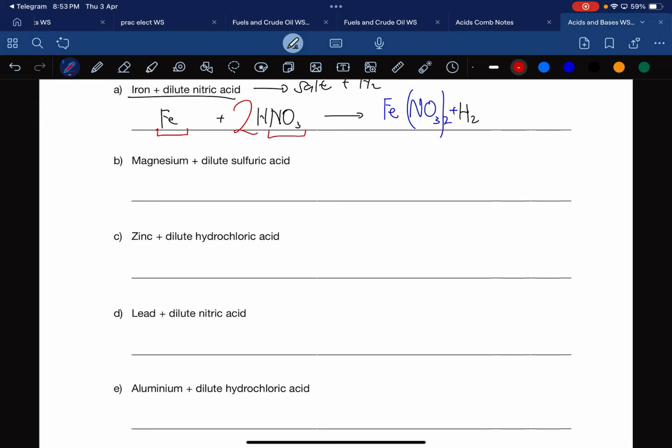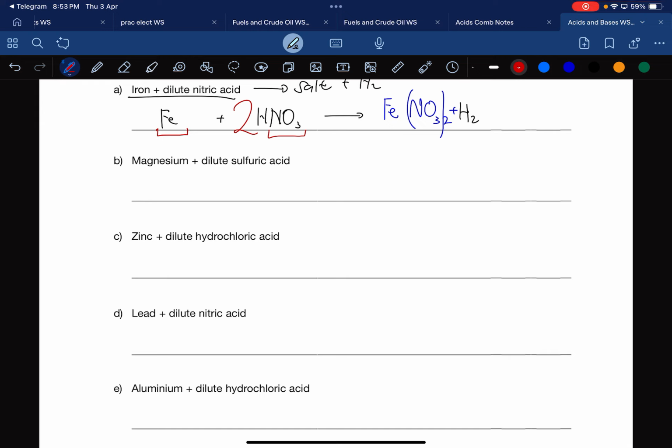This is wrong. This is okay, this is fine, but it's not balanced. Your hydrogen, your chlorine is not balanced. Balance this, H2. What's the charge of nitrogen? Three.